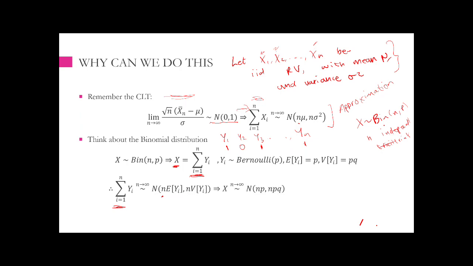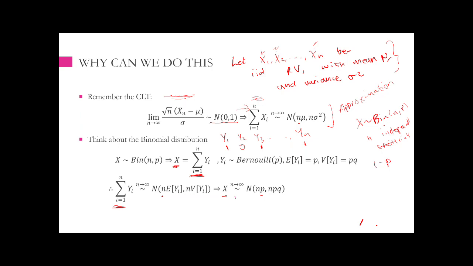That's just equal to this x, the sum of your y, your Bernoulli random variables, and your expectation of y, where y is your Bernoulli, is just p, and the variance of y when y is a Bernoulli is just pq, and obviously q is just 1 minus p, if you don't know that. So now we have this approximation.